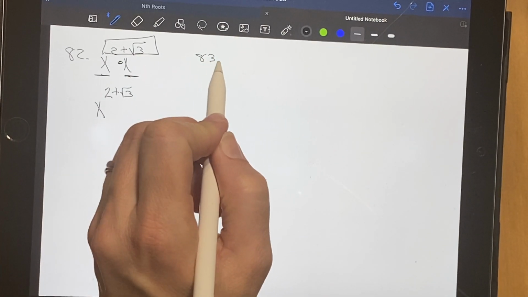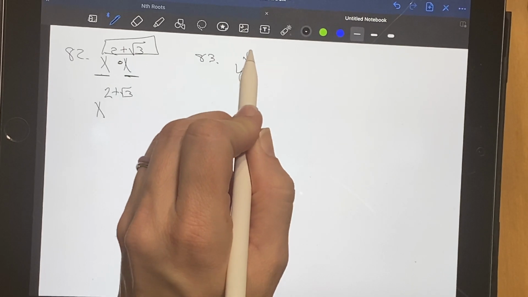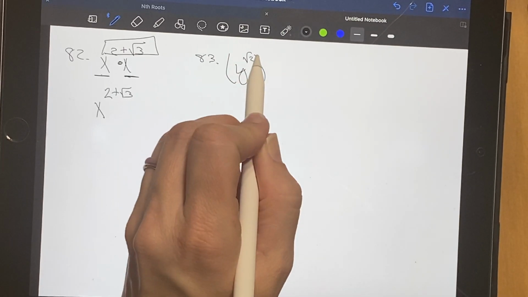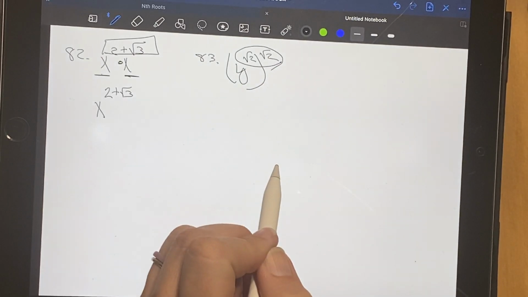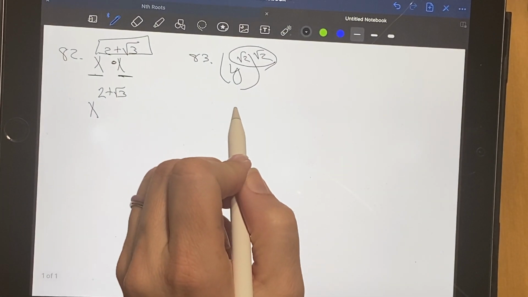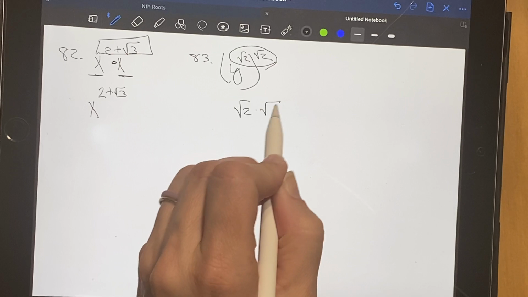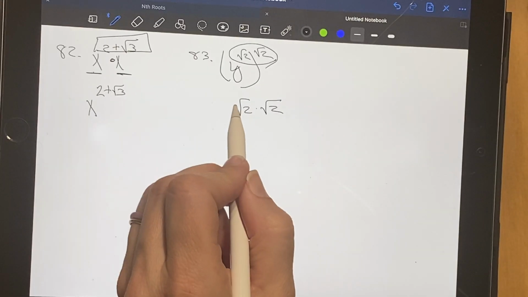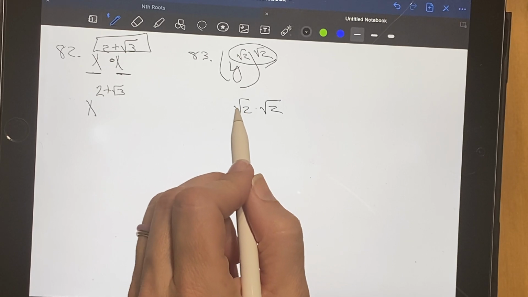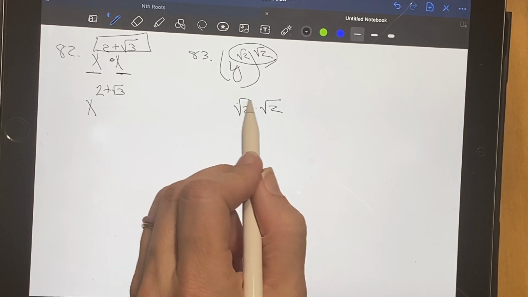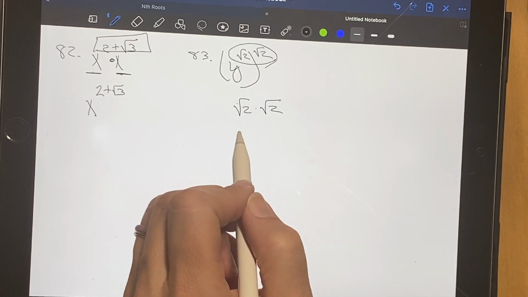Let's look at 83. Y square root of 2 raised to the square root of 2. We know that when we have a power to a power, they're multiplied. So I've got the square root of 2 times the square root of 2. They have the same index. They can be combined. Or we also know that when we have a square root squared, it's simply the base underneath.